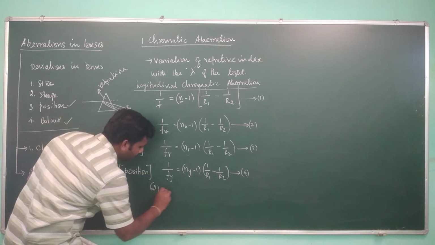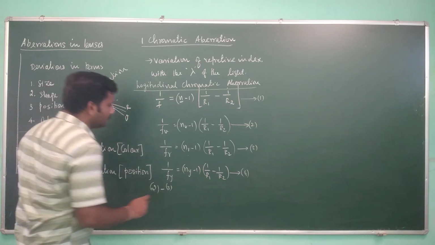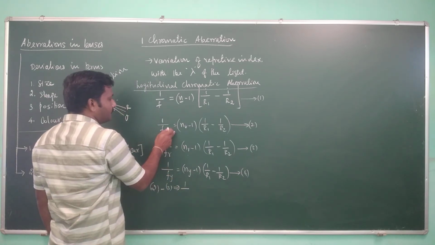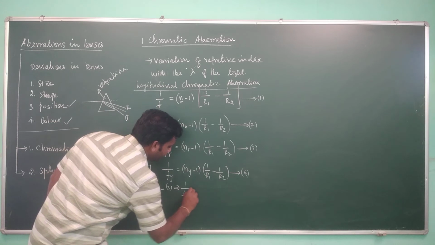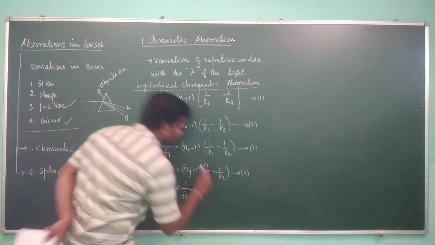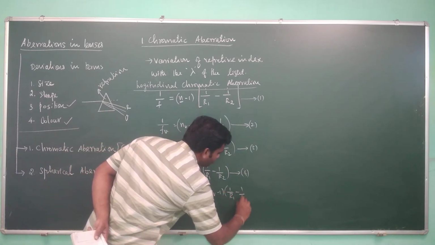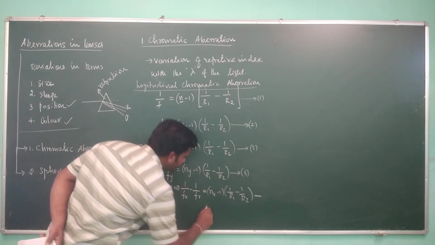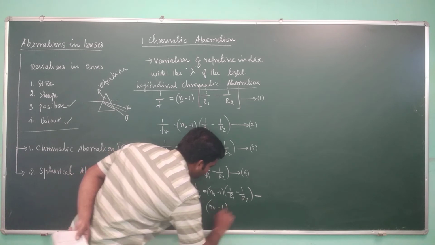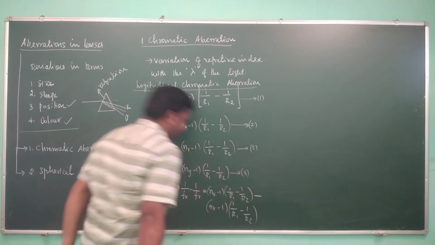Equation number 3 is subtracted from equation number 2. That will give you, subtract this equation from this equation, so 1 by Fv minus 1 by Fr is equal to (NV minus 1) times (1 by R1 minus 1 by R2) minus (NR minus 1) times (1 by R1 minus 1 by R2), right?